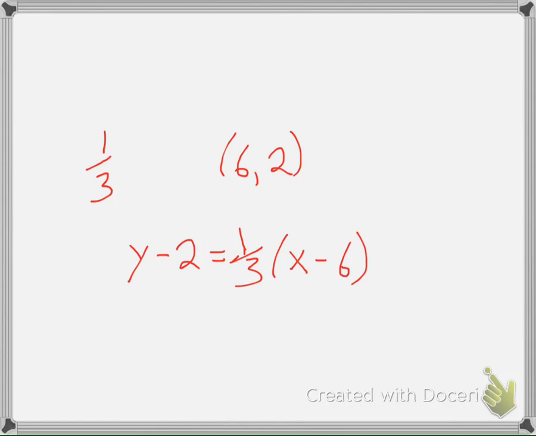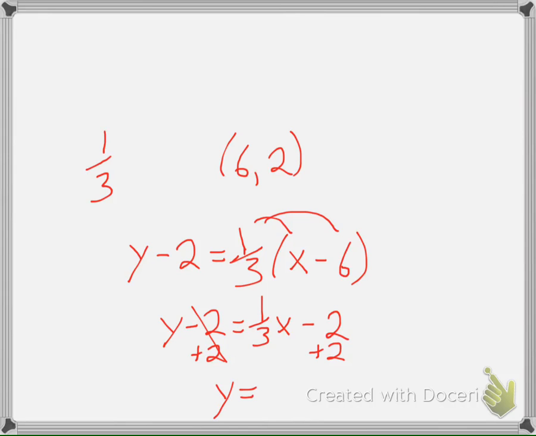So I get this. I need to distribute that 1/3, so I get y minus 2 equals 1/3 x minus, and 1/3 of 6 is 2. And then to solve for y, I would need to add 2 to both sides, and I'll get y equals 1/3 x, and -2 plus 2 gives me 0, so I get y equals 1/3 x.